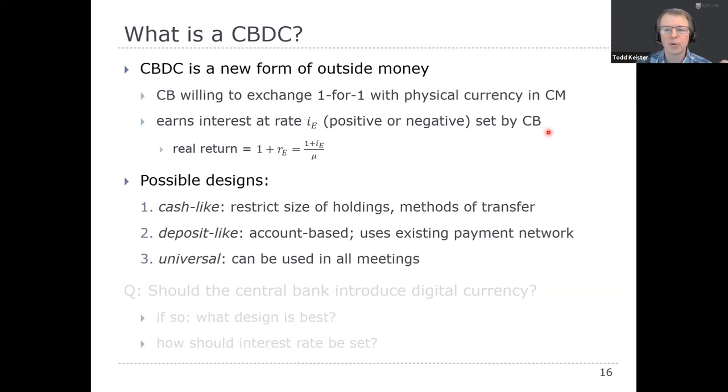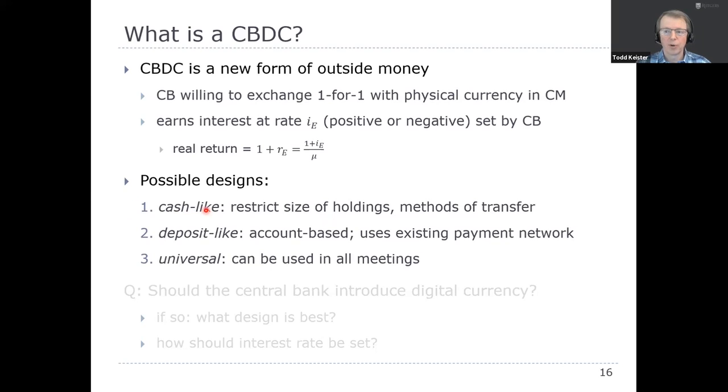And this is my answer to Marcus's earlier questions. Now the central bank, we're going to allow to choose the design. And by design, we mean the central bank could choose features that make the currency cash-like. As I mentioned before, restrict the size of holdings and the methods of transfer so that it's a good substitute for physical currency, but a poor substitute for bank deposits. If you can do that, we'll say that's a cash-like design.